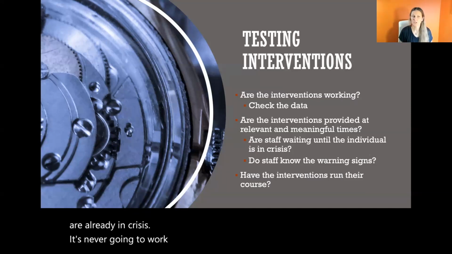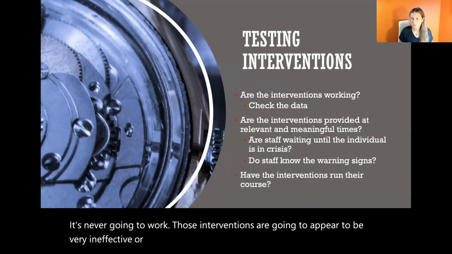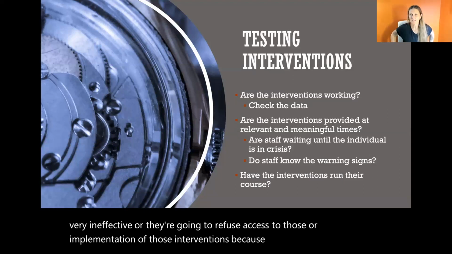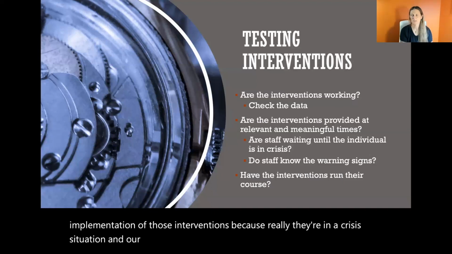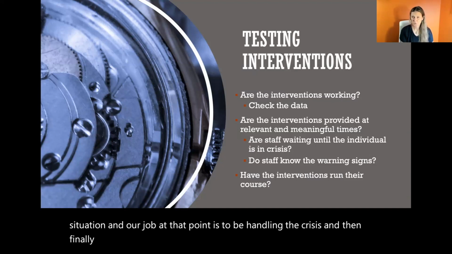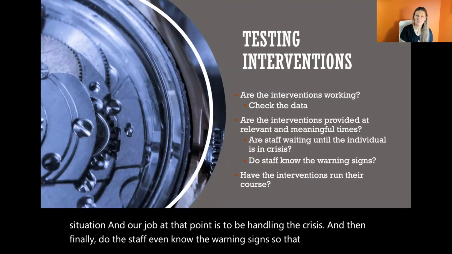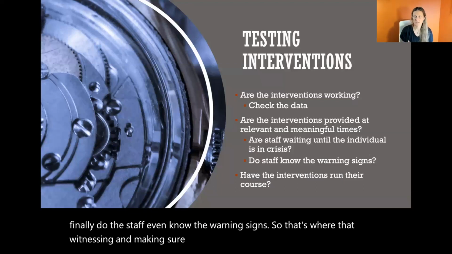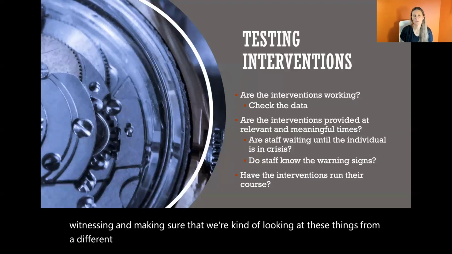Those interventions are going to appear to be very ineffective, or they're going to refuse access to or implementation of those interventions because really they're in a crisis situation. And our job at that point is to be handling the crisis. And then finally, do the staff even know the warning signs? That's where that witnessing, and making sure that we're looking at these things from a different point of view, is so important.